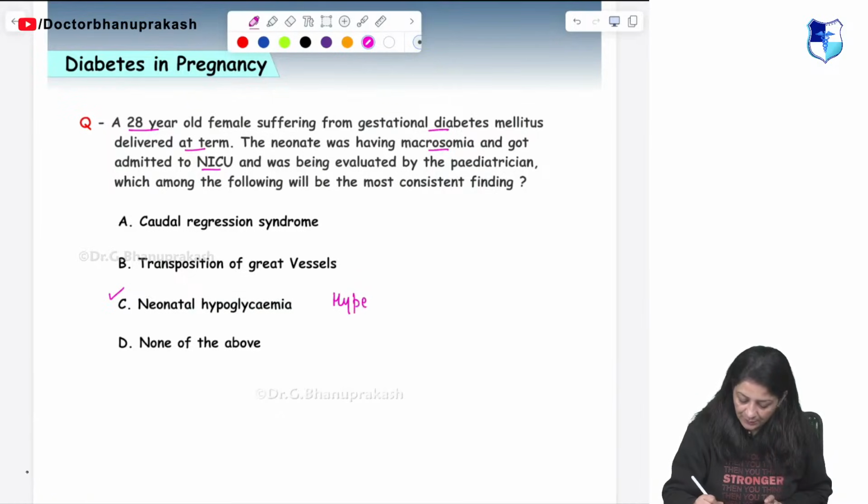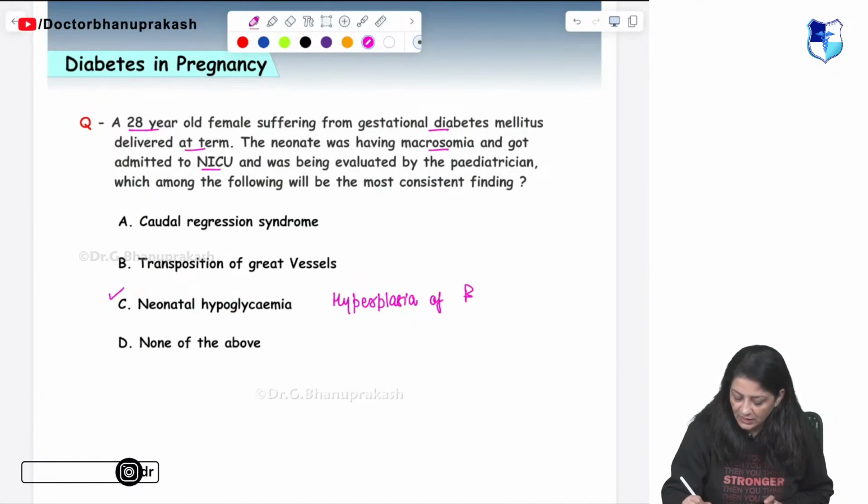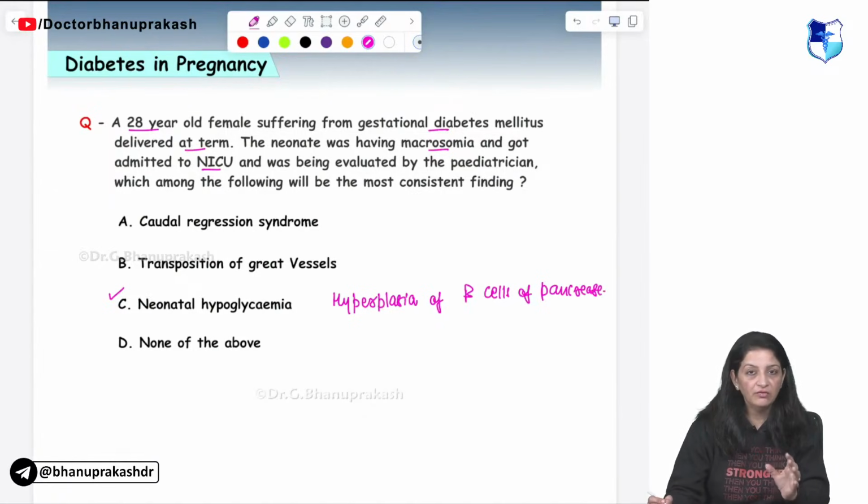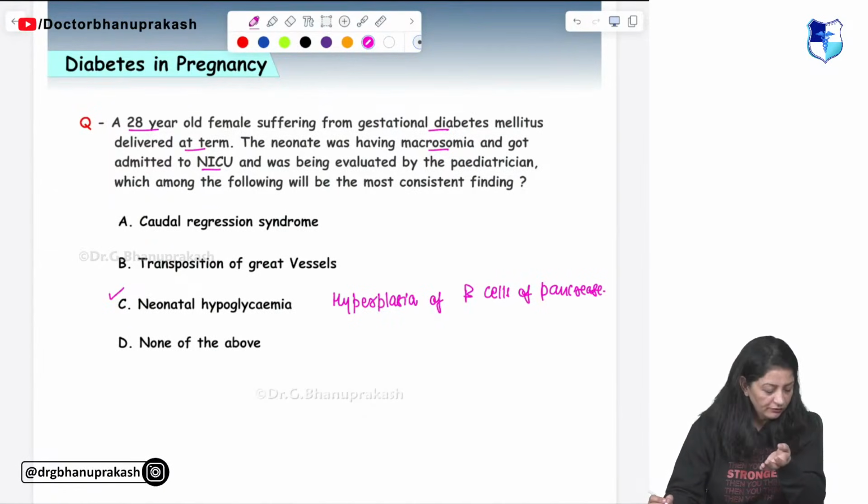hyperplasia of beta cells of pancreas, because of maternal hyperglycemia, now the fetus depends upon the mother for glucose.